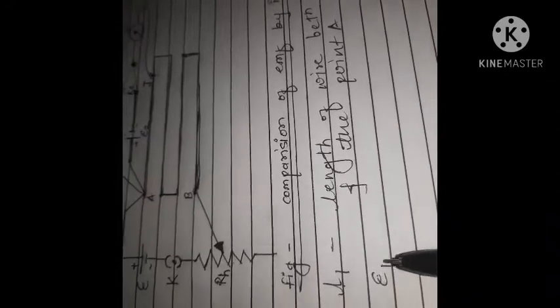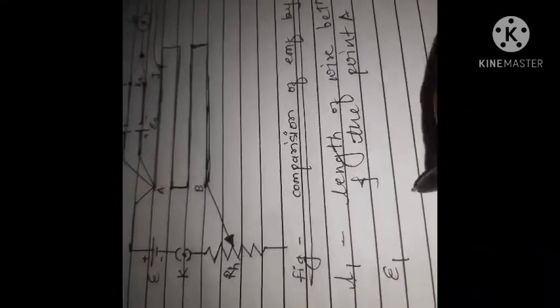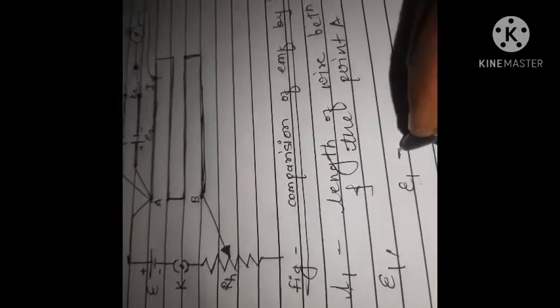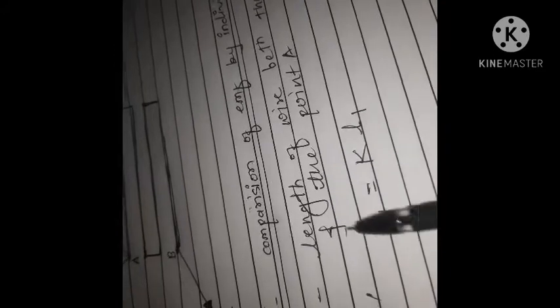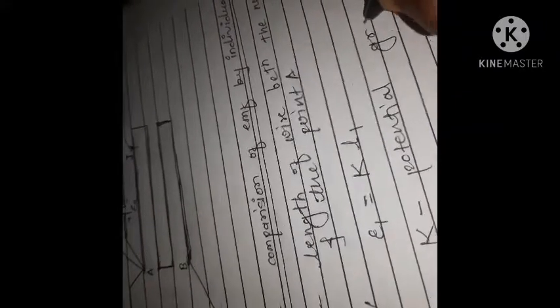From the principle of potentiometer we can write E1 is equal to K into L1, as EMF means potential difference, or potential, which is directly proportional to the length of wire, and K is the potential gradient. Suppose this is equation 1.